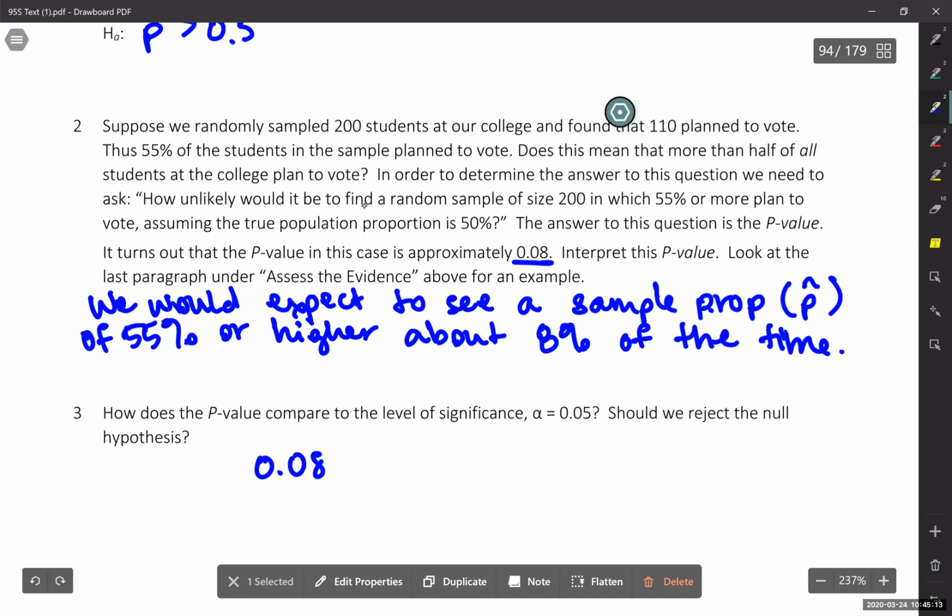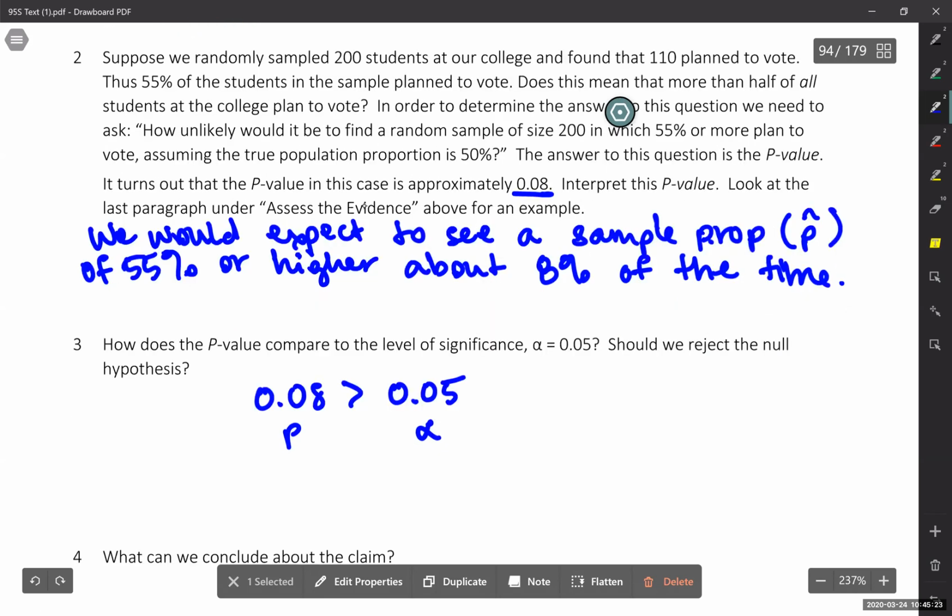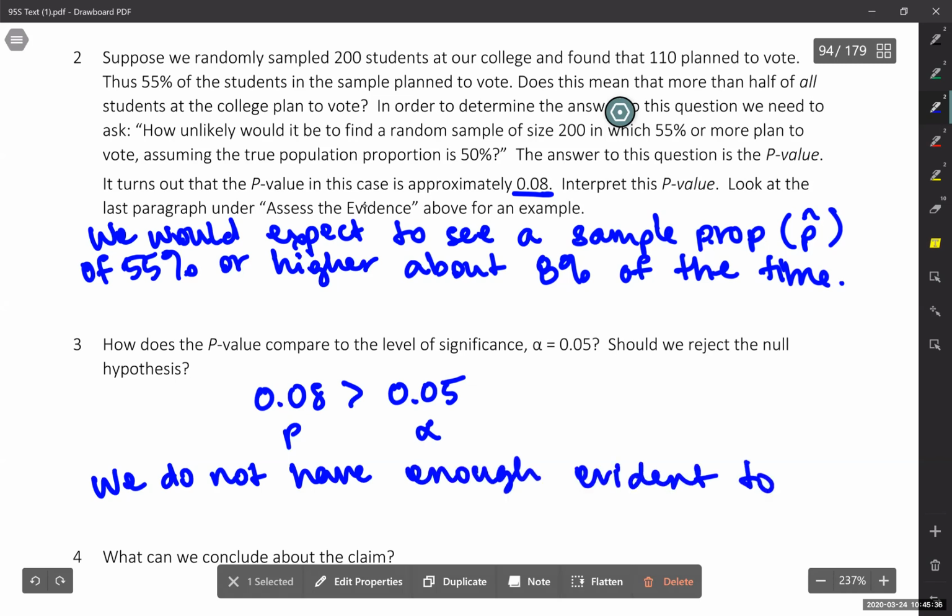The alpha is 0.05. And so the p-value is greater than alpha. So we're going to say we do not have enough evidence to reject the null.